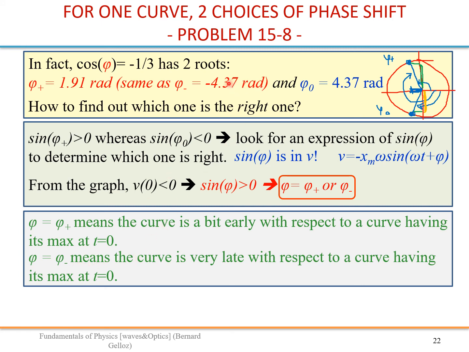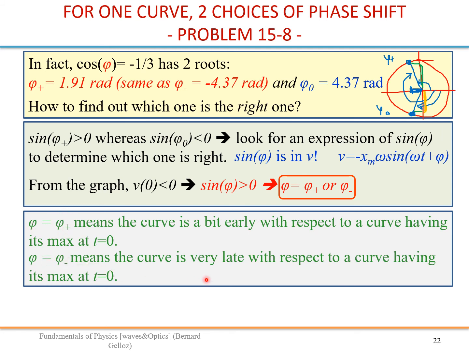Remember, a negative phase shift means a shift of your curve to the right. So this means that the curve is very late with respect to the curve having its max at t equals 0 in this case. You may check that the delta t is very small in this case and is large in this case.